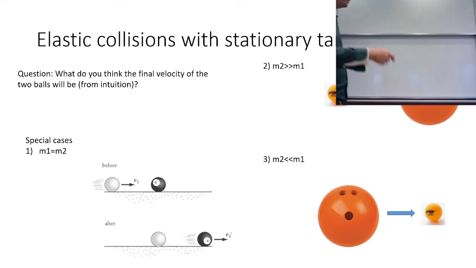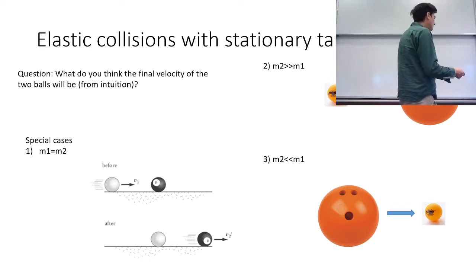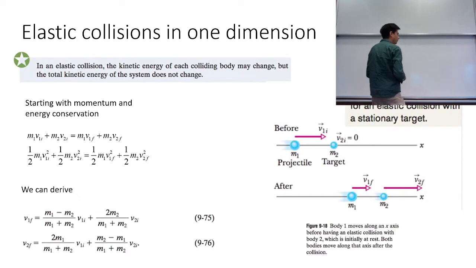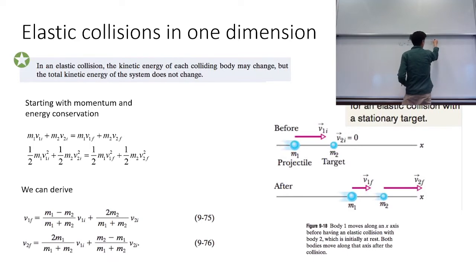All right, so let's plug it in and see what the formulas are. V1F equals (M1 minus M2) over (M1 plus M2) times V1I, plus a term in V2I.